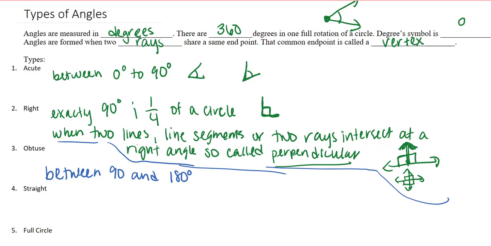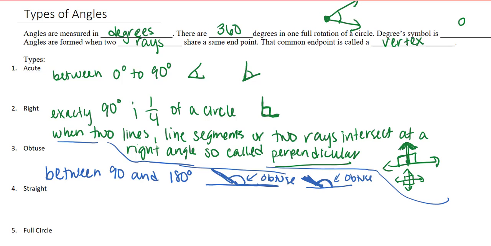Maybe it's like this, and it's this angle. This is obtuse. Or it could look like this, maybe even further down, so this is even larger. That would also be obtuse. So it's anywhere between 90 and 180 degrees.